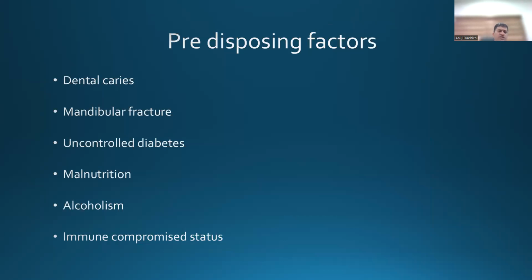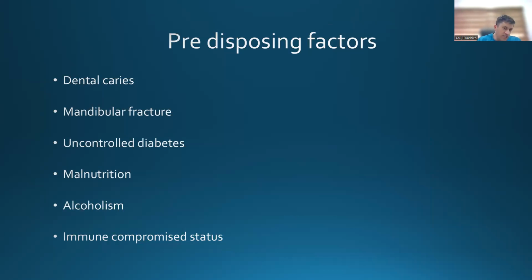Now, what are the predisposing factors that might lead to development of Ludwig's angina? First and the most important factor is presence of dental caries. Then mandibular fractures which are not treated or which are infected. Third factor is uncontrolled diabetes. If the patient is an uncontrolled diabetic, their immunity goes down. They are more vulnerable for development of infection.